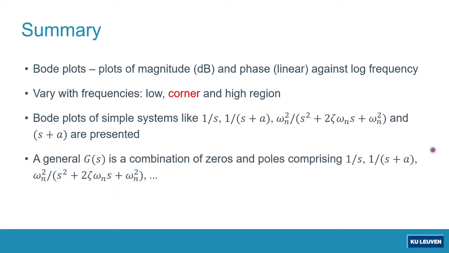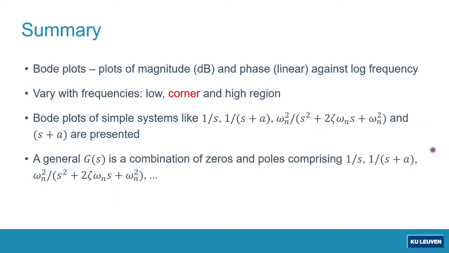So as a summary here, both plots that contain magnitude and phase plots against the frequency in logarithmic scale will have a dB scale for the vertical axis in the magnitude plot and just simply a linear scale for the phase plot.